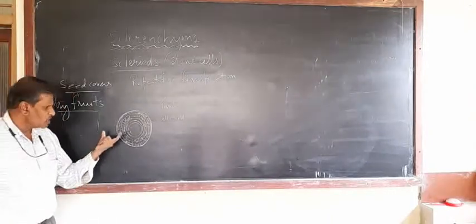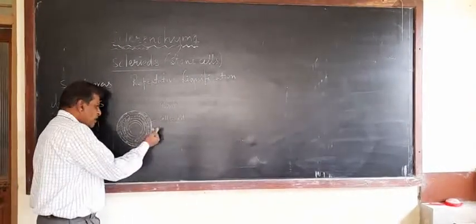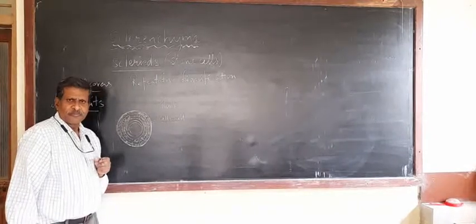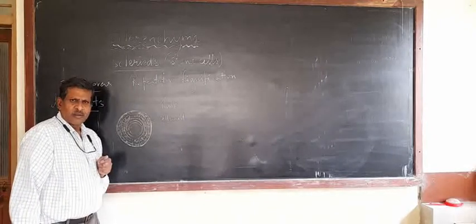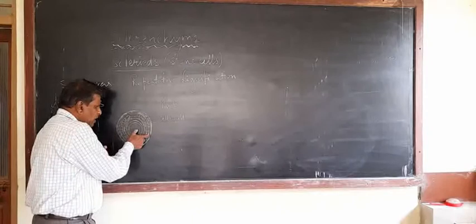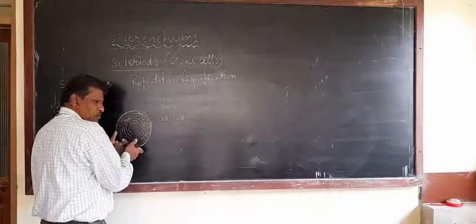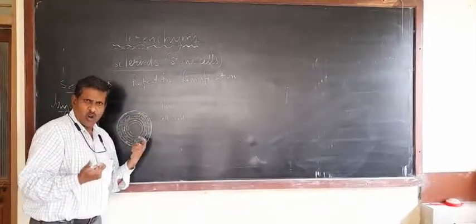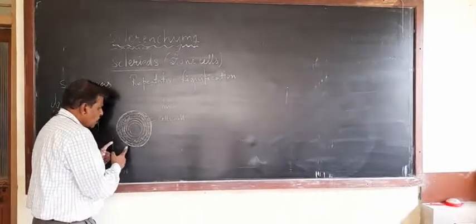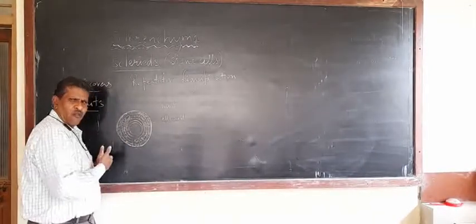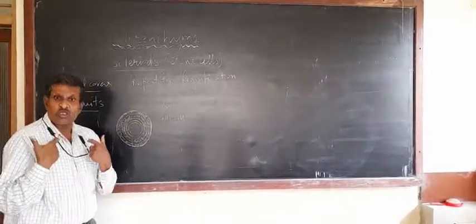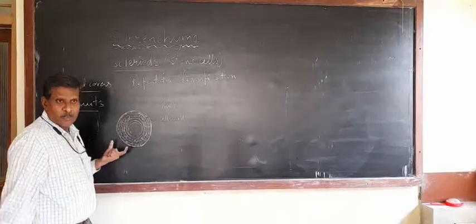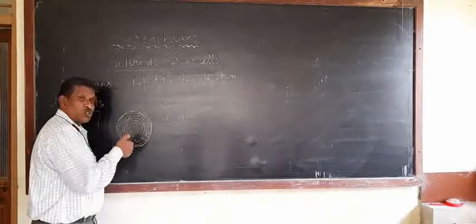Why is it thick? It is thick because of heavy lignin deposition. Once the heavy lignin deposition occurs and the cell wall becomes so thick, it can offer much strength to the plant and even toughness to the plant.